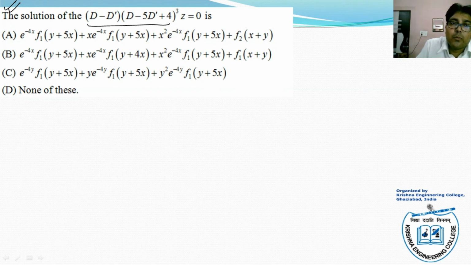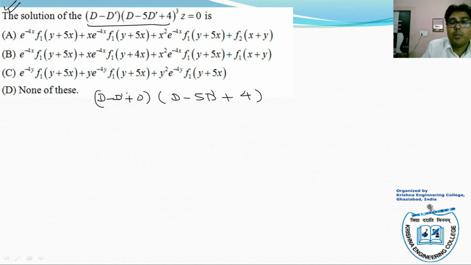The degree of D' is 1, but the degrees are not equal. Clear? And the second factor is repeated 3 times. So in this case we write this as (D - D' + 0) and (D - 5D' + 4) cubed, equal to 0.